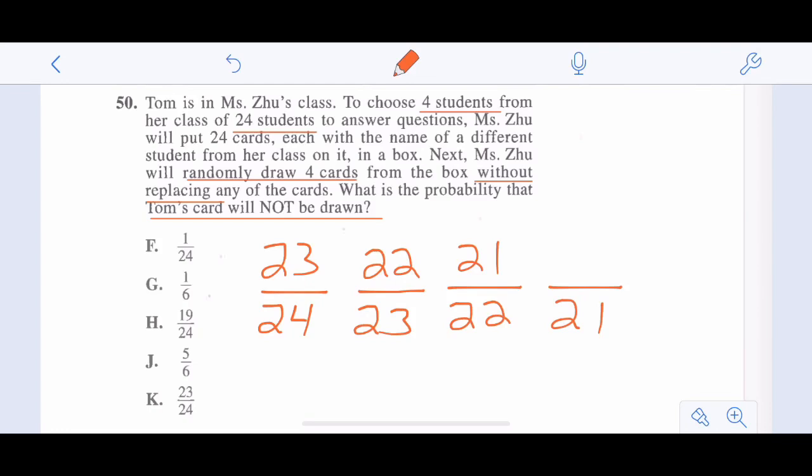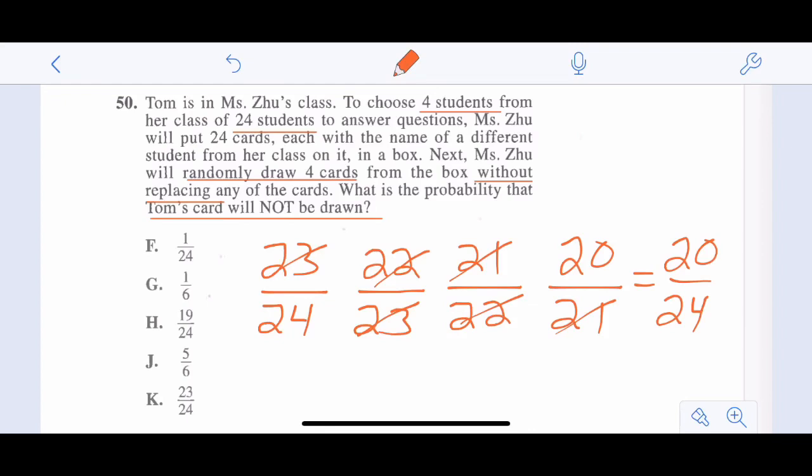Then there's 21 cards, and he's got a 20 out of 21 chance of not being drawn. So these cancel because we're multiplying across. So now we have 20 out of 24, and 20 out of 24 reduces to 5 out of 6, or J.